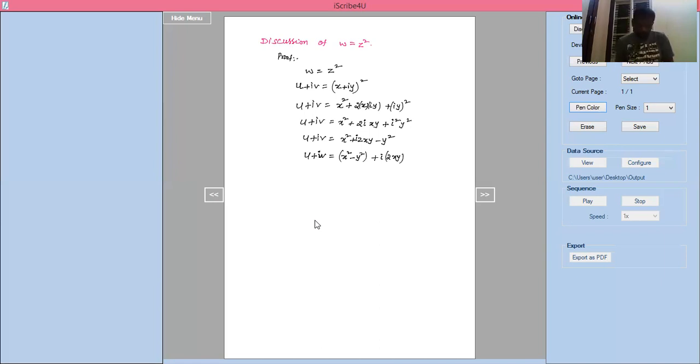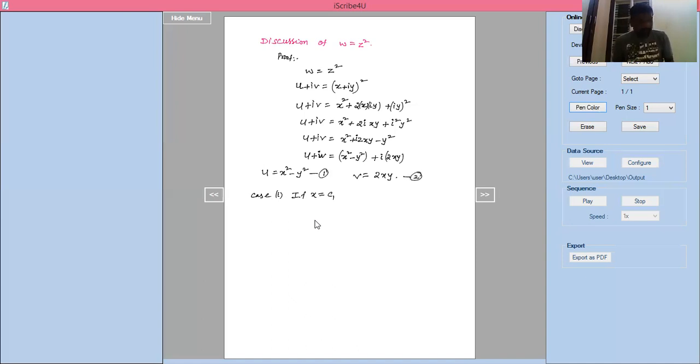Now one should be U equal to X square minus Y square, and another one should be V equal to 2XY. U is one thing and V is another thing. Usually, as we have discussed previously in the same way, case 1: if X equal to C1, I'll take these as equation number 1 and equation number 2.